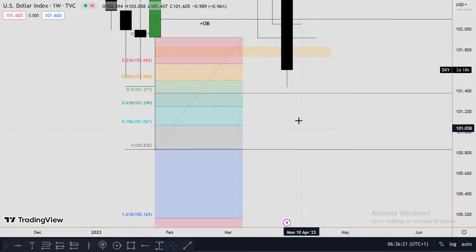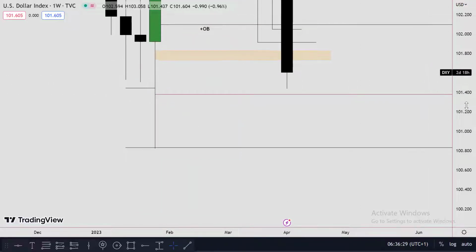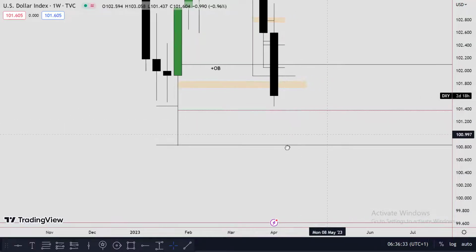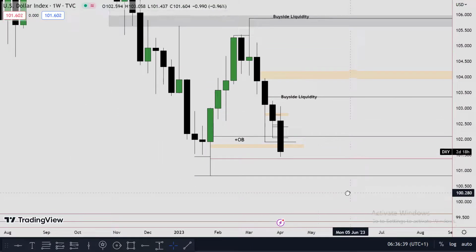That is also consequent encroachment, so this might offer a level of support to price. My view is that price will seek these inefficiencies and rebalance them.